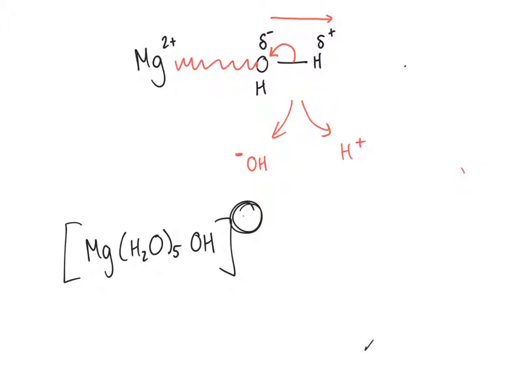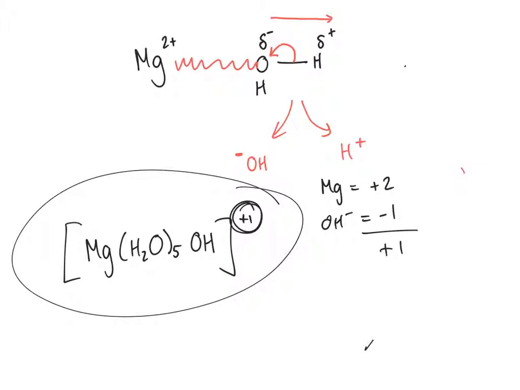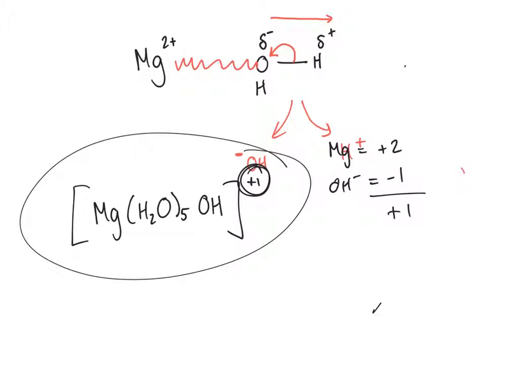Yeah, it's +1 now. That's because magnesium is +2, your OH minus is -1, and so that gives you a total of +1. So that's why on the right hand side of that equation you're left with this formula with just a plus sign rather than 2+. Is that okay? And then you've got plus H plus, because that pops off. Is that okay?